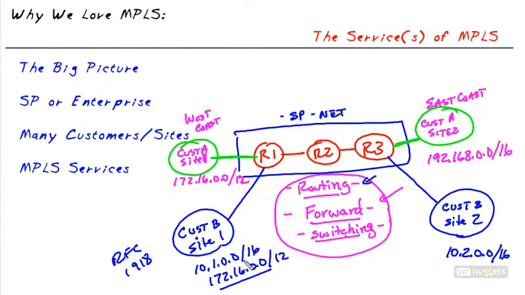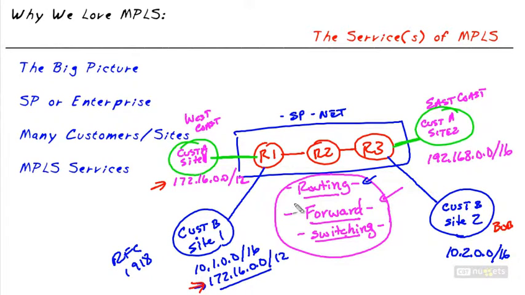Customer B is totally within their rights to use that address space, and as a service provider, you and I have to keep this 172.16 address space separate from this 172.16 address space. And here's why. If we have Bob over here at customer B site 2, and he sends a packet to 172.16.0.50, that transit traffic needs to be forwarded over to site 1 of customer B, not to that IP address at site 1 of customer A.